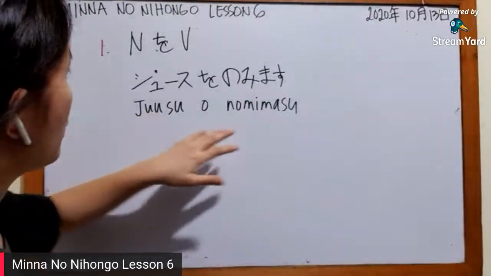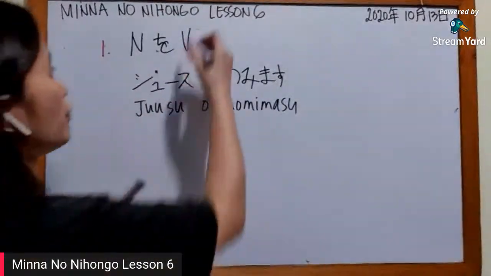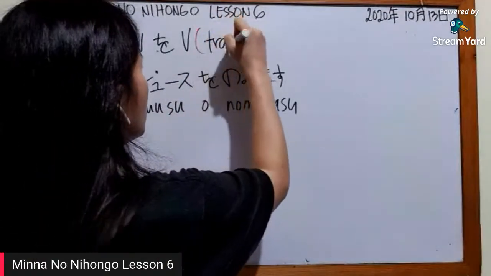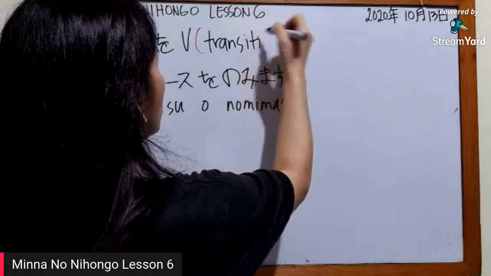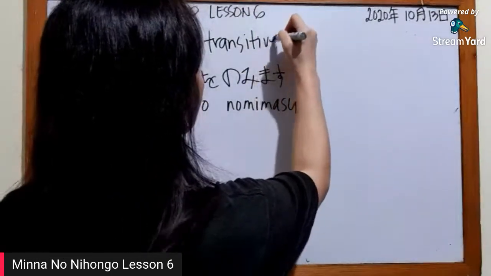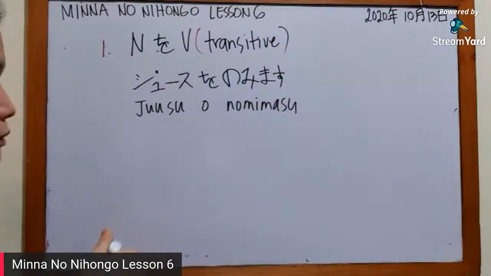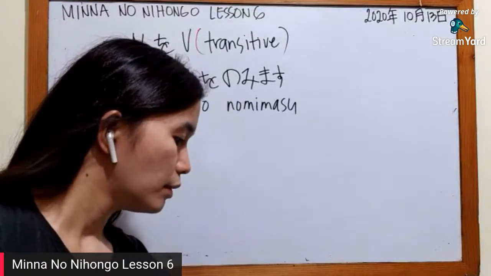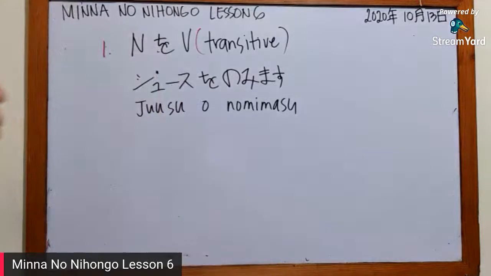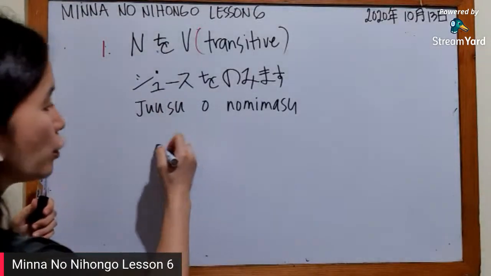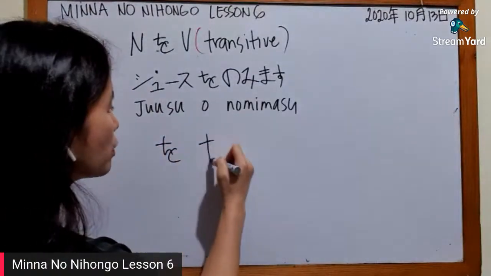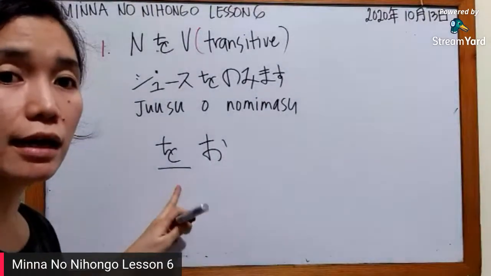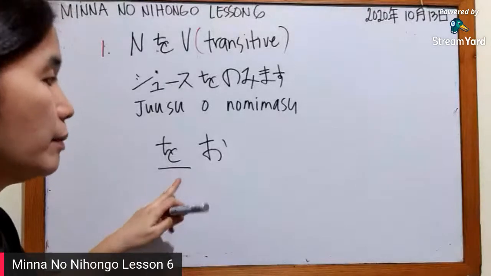Okay, so we have here transitive. And also, we have this o, right? And this o. So this one serves as a particle every time.